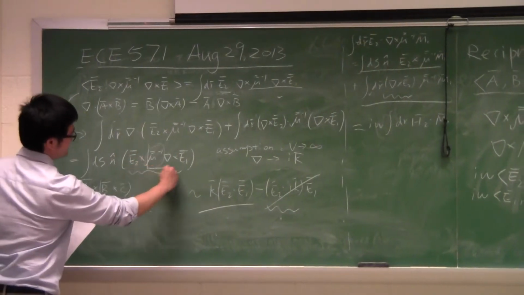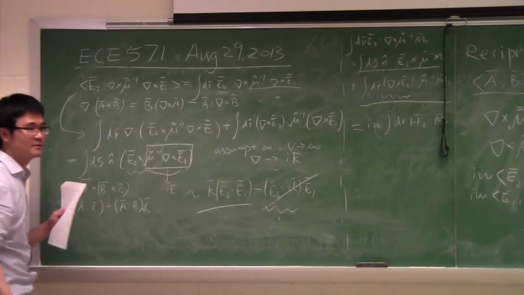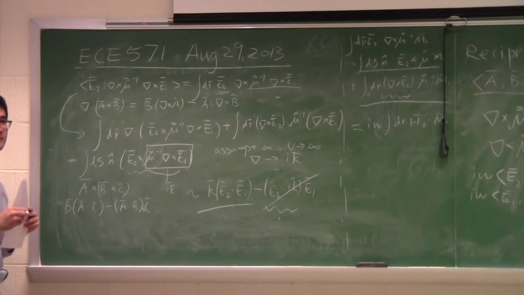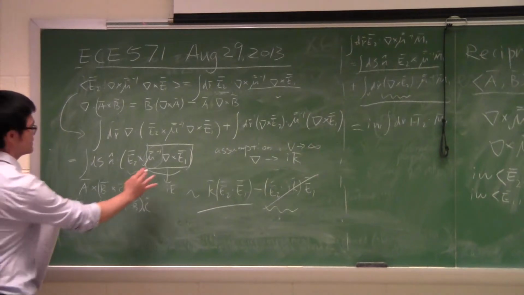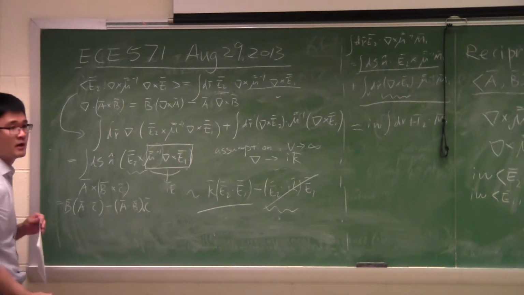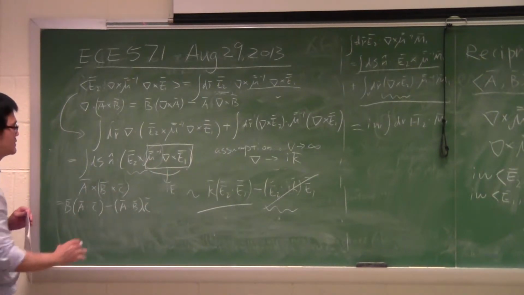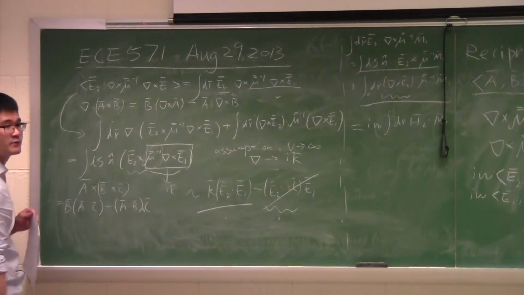what does this mean? Magnetic field, right? This is the magnetic field generated by source 1. And this is the E field generated by source 2.